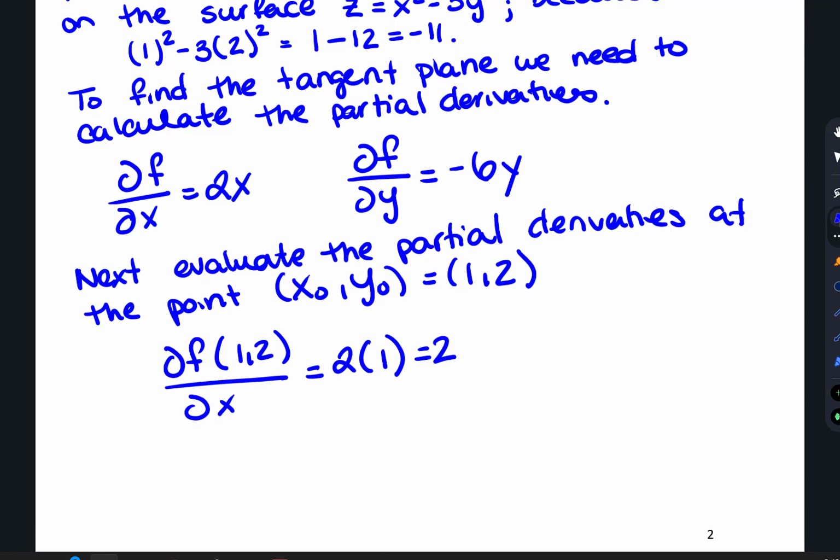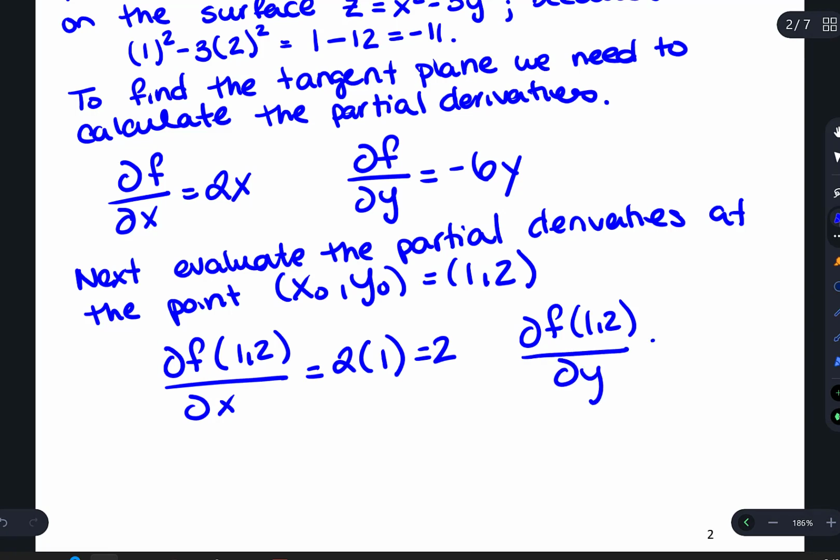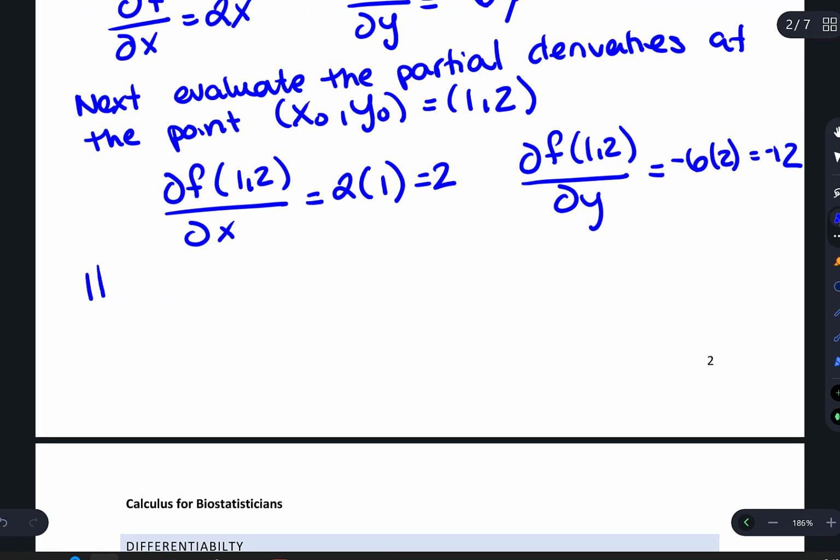But as we have seen, there are cases where y could be in there, so that's why we do have both points there. And then we're also going to evaluate the partial derivative with respect to y at the point 1, 2. And notice here that's going to be equal to negative 6 times 2, or negative 12. And then finally, we'll be able to write out what the equation of the tangent plane is.